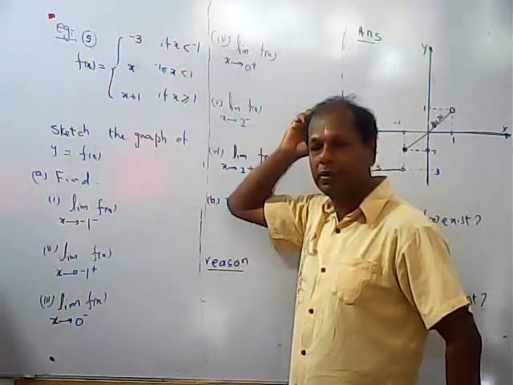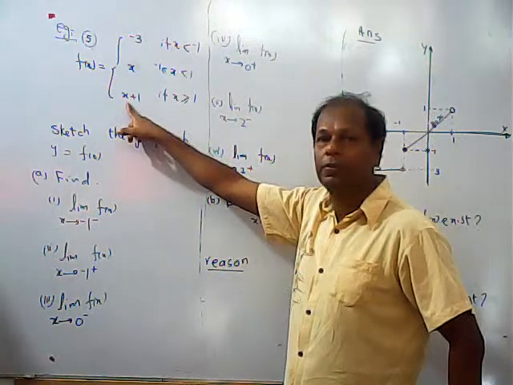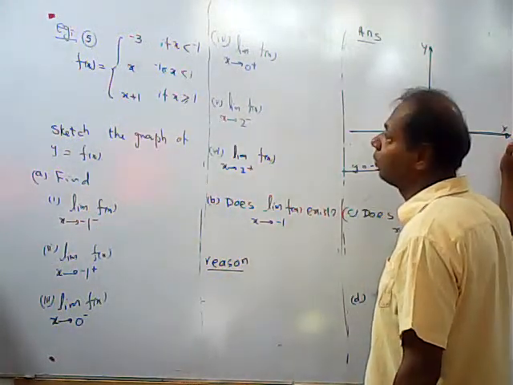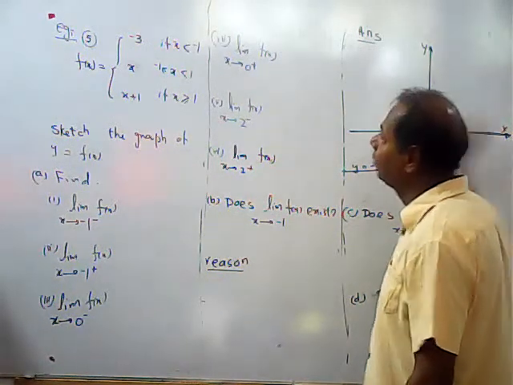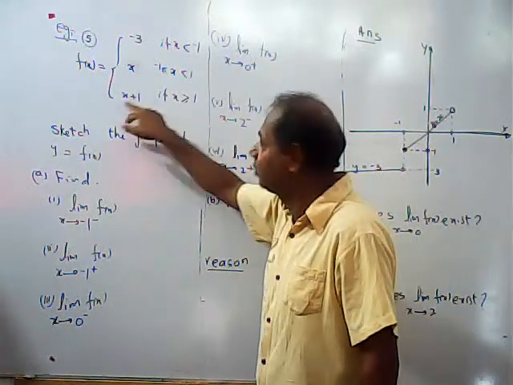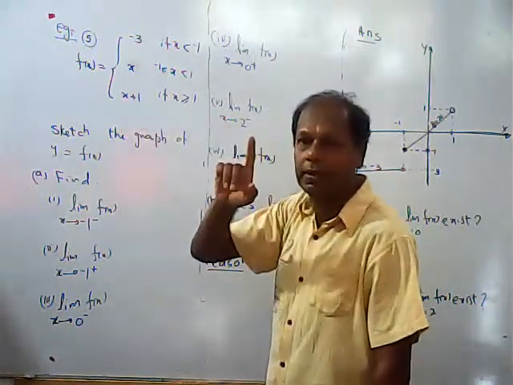And right of 1, as before, you have to draw the graph of y equals x plus 1. So at x equal to 1, the value is 2. So it starts at 2.